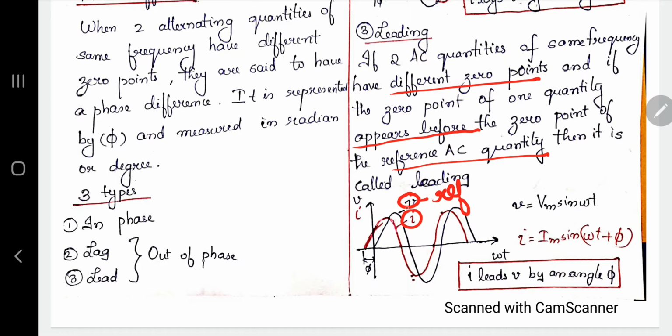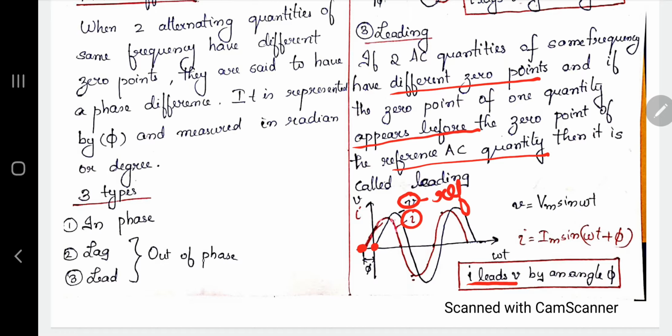So comparing with the voltage waveform, we can talk about the current waveform. Here you can see that the current waveform has a zero point here and the voltage waveform has a zero point here. The current waveform has its zero point before the voltage has its zero point. So in this case we will say that current is leading the voltage.